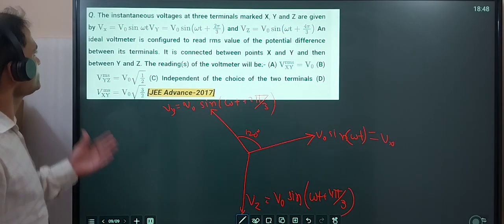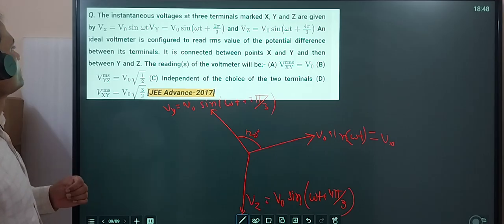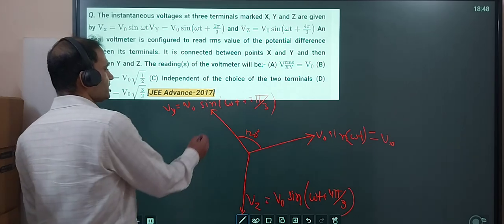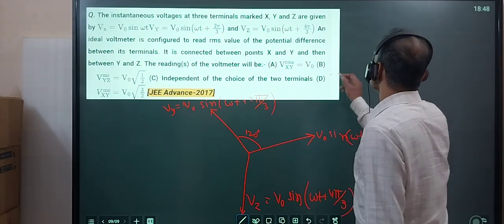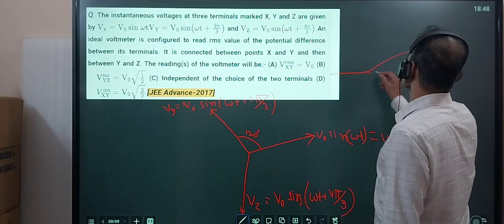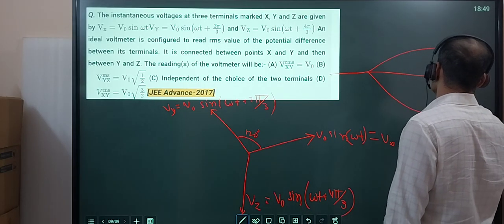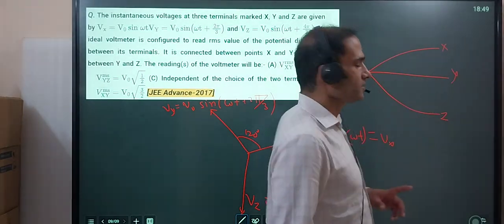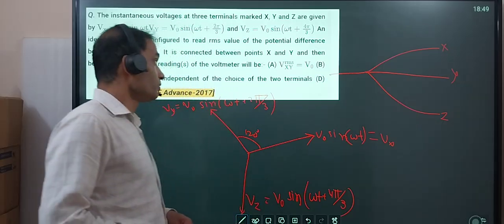Okay, what is the question? It is connected between x and y. So you take a connection between x and y. So let us say we have three wires, x, y, z. You have to find the RMS voltage.